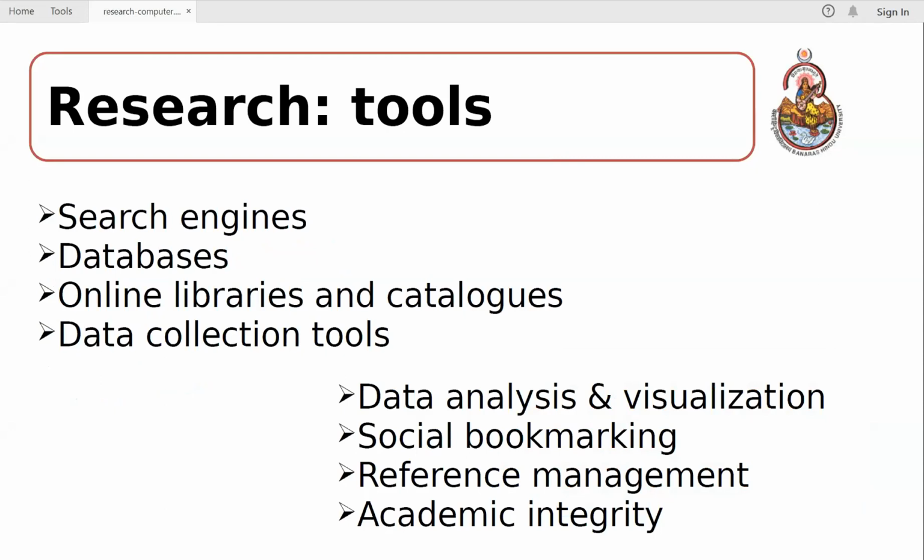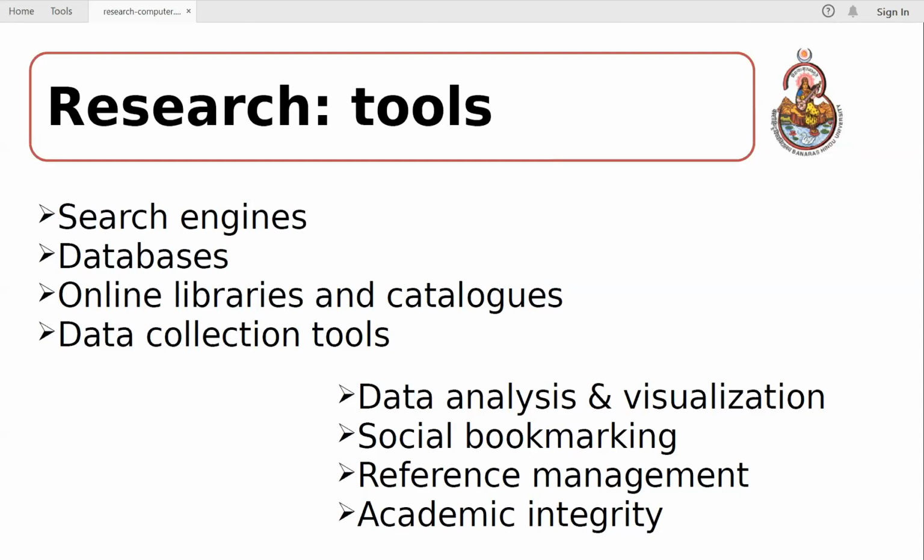Then research tools. Today you have search engines, you have online databases, your libraries are online. You have data collection tools like Google Form. Survey Monkey kind of services are also available. You have data analysis tools. You have social bookmarking.